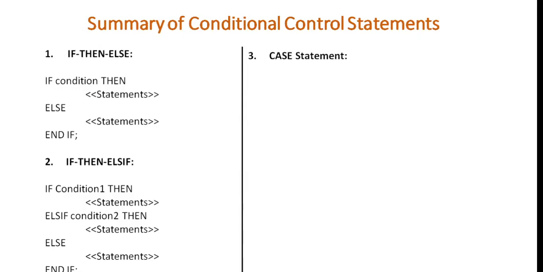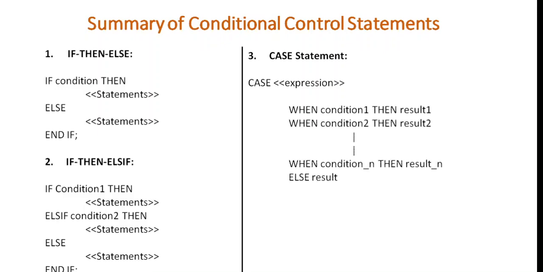Then we have the CASE statement, which is also a conditional statement. The syntax of the CASE statement is, first we write the CASE keyword, then we write an expression, that is the variable or any expression that we want to check. Then we write the WHEN keyword, and in WHEN we write the condition. We check the value of that variable against each of the conditions written inside the CASE statement.